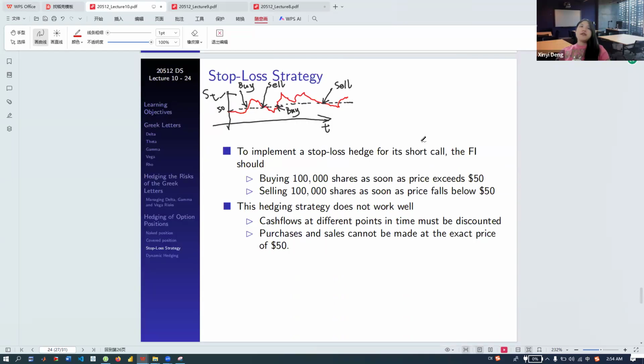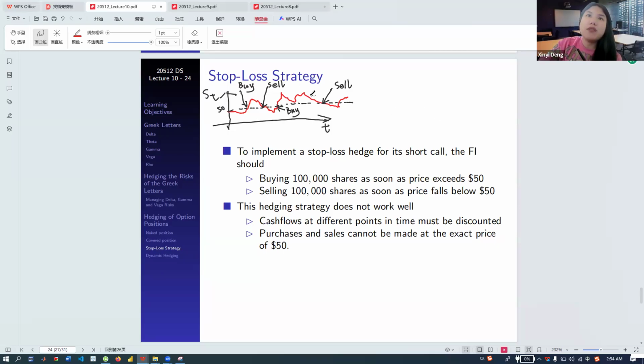Then we also have the stop loss strategy. Let me expand on this via this figure here. On the y-axis, we have ST. On the x-axis, we have the passage of time. As we can see, as time evolves, the underlying price may decrease and increase and decrease and increase, so it's fluctuating throughout time, right?